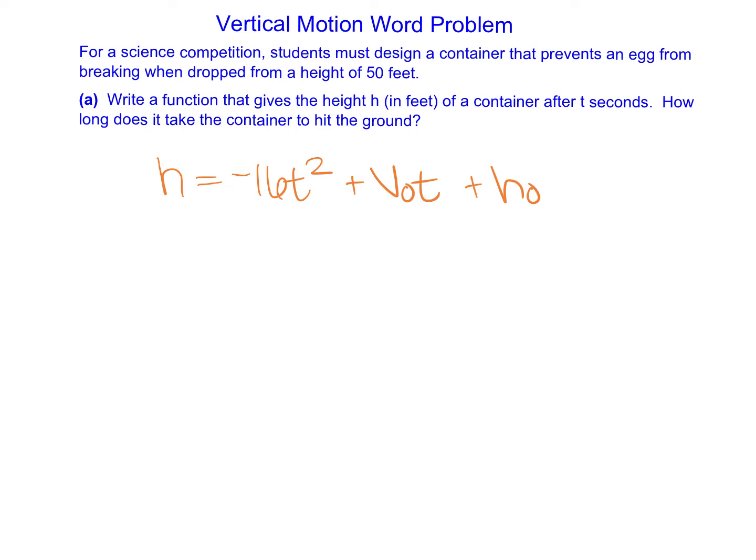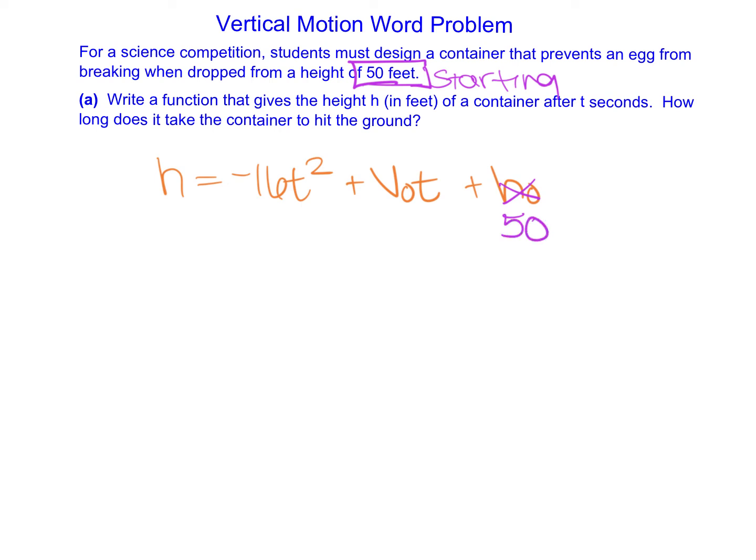Now, if I look at this problem, I see a variety of pieces of information that will be helpful. It says that it is dropped from a height of 50 feet. So that height of 50 feet is where my egg is going to start. Because this is my starting height, we are going to replace h sub 0 with 50.